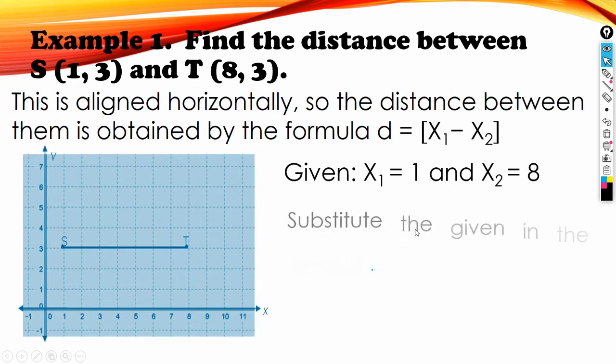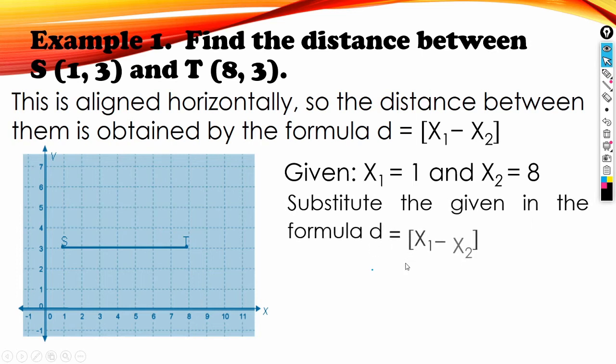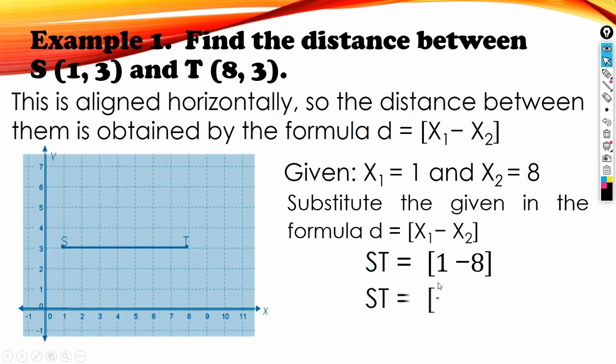So by substitution, we have ST is equal to the absolute value of 1 minus 8, where 1 minus 8 is negative 7. Siyempre, pag sinabi natin absolute value, we will get the numerical value regardless of the sign.